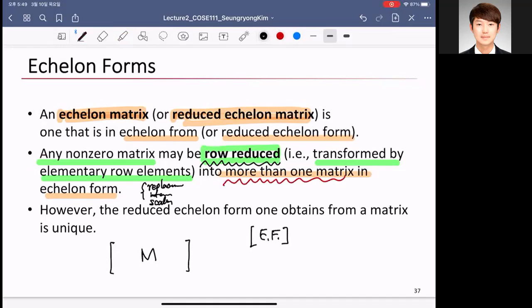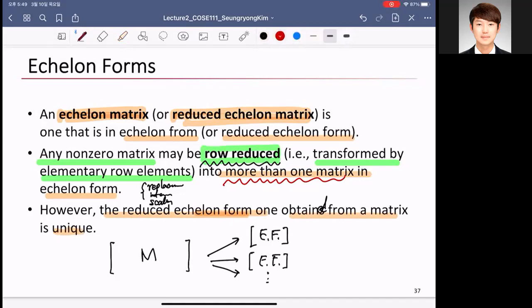So in other words, there are many kinds of echelon forms possible, like this, by using different sequences of elementary operations. However, the reduced echelon form obtained from the matrix is unique. There's a typo here. It's "obtained". Reduced echelon form obtained from the matrix is unique.